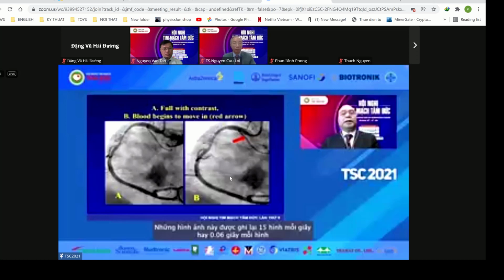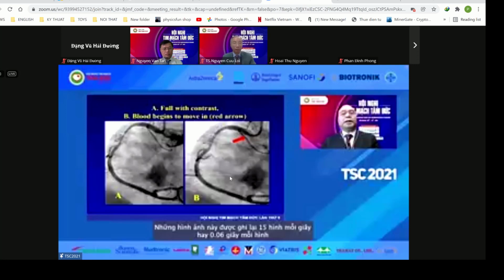If the angle is large, then the blood needs higher speed and more energy to turn the corner. This is why if we do a PCI for a bifurcation lesion, if the angle is smaller, it is better.